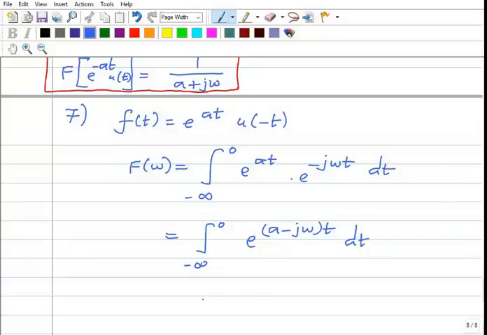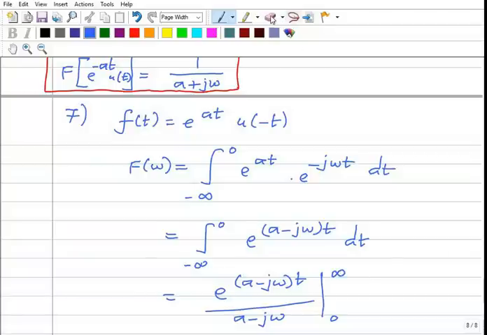Integrate this exponential, e power a minus j omega into t divided by a minus j omega. The lower limit of t is minus infinity, upper limit 0.